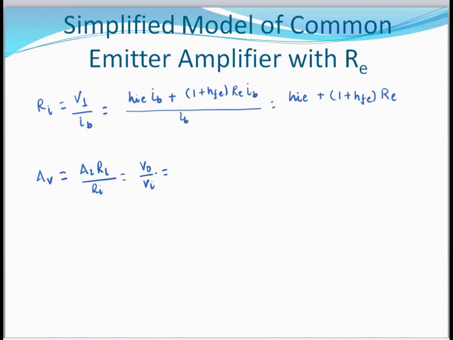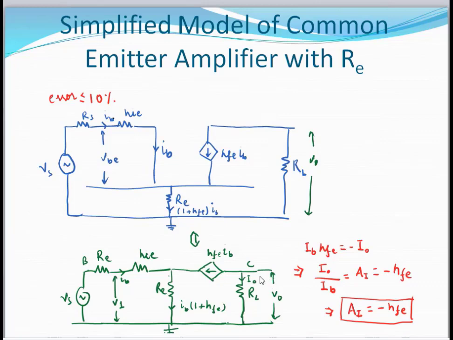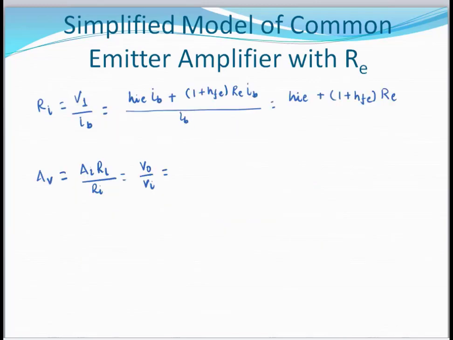We can write here V naught is I naught times RL, and VI is V1, and this is IB RI.